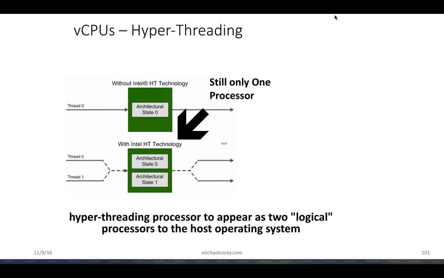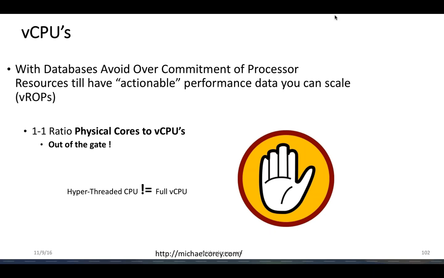And I'll define what I mean by that. So first thing coming out of the gate, you should never over allocate physical cores to virtual CPUs. You have 32 physical cores, then I would argue you should have 32 virtual CPUs.